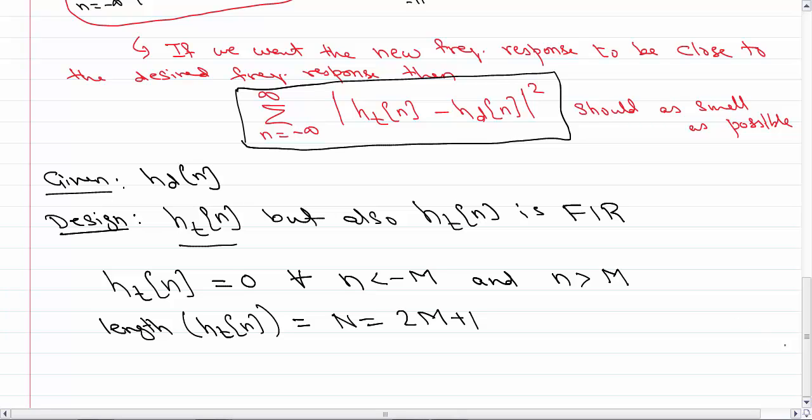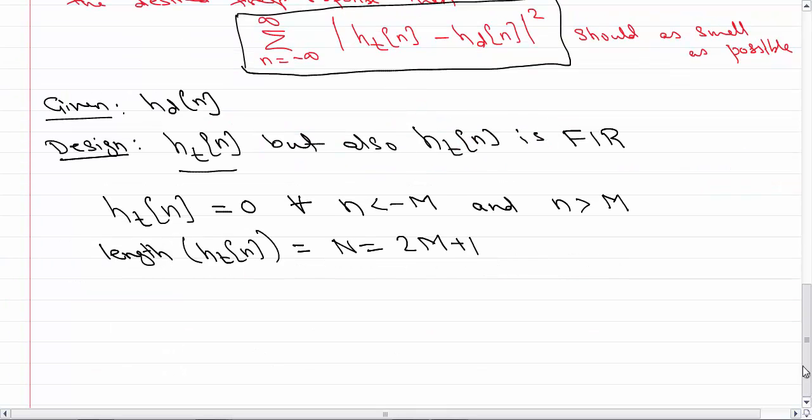Okay. So let's then write down this expression more carefully. I know that for n less than minus M, and n greater than M, h_t[n] is 0.